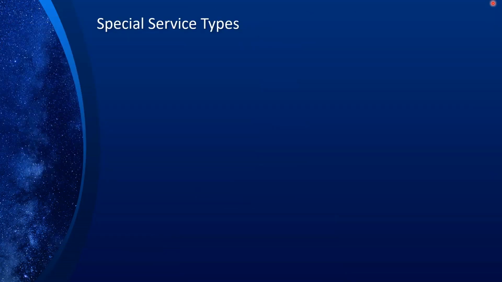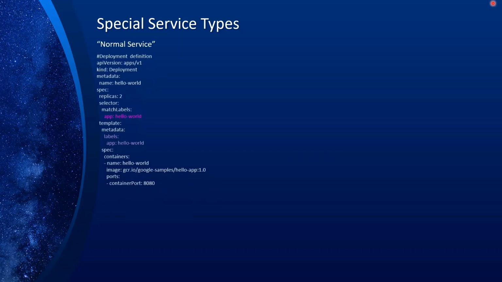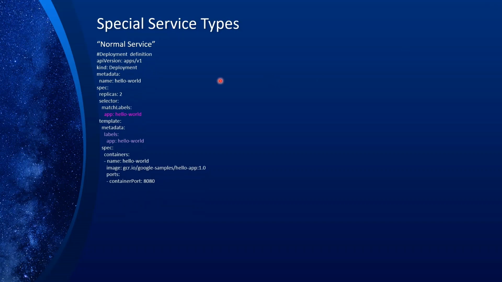Now let's take a look at some special, what I call special service types. Those are not your normal services, and they have their use cases. So before jumping into those, let's summarize what I call normal services. In that scenario, as we saw, we create a deployment, and in that we specify what pods are included, and those pods are labeled.